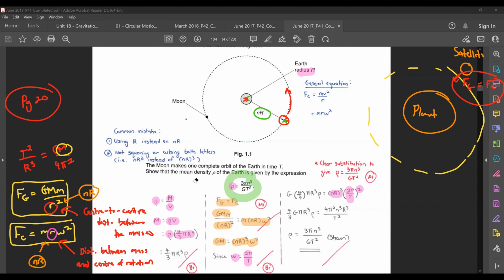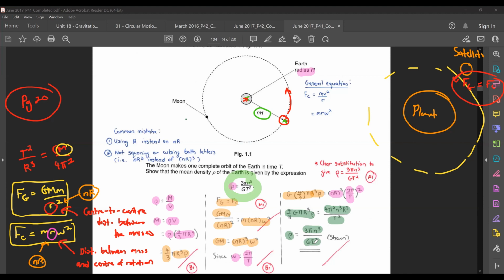So eventually you get 4/3 pi R cubed rho. You sub in for M over here, multiply with G, then you get this expression. From there, all you need to do is simplify whatever you see here. Eventually you get 3 pi n cubed over G T squared. That one would be for this question.